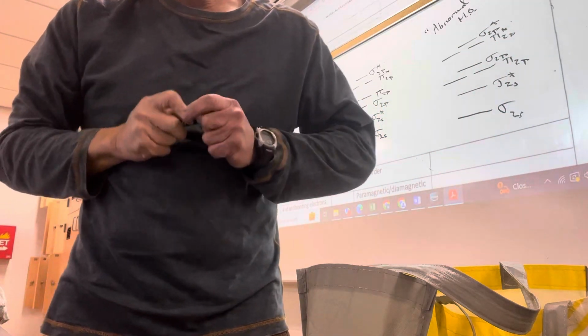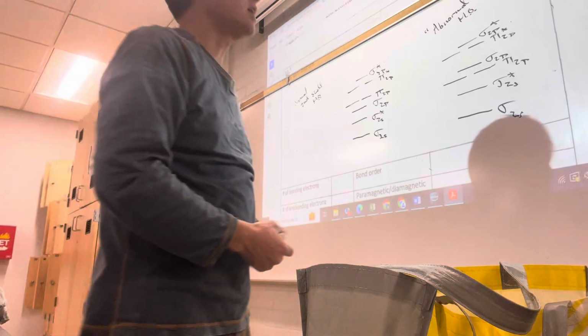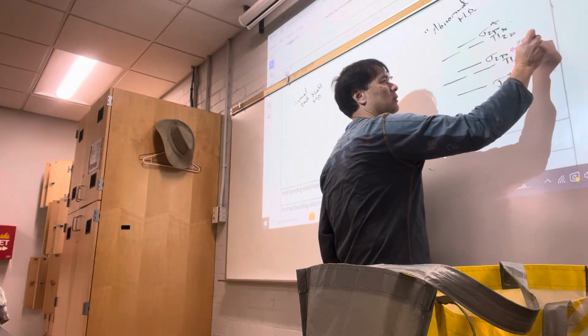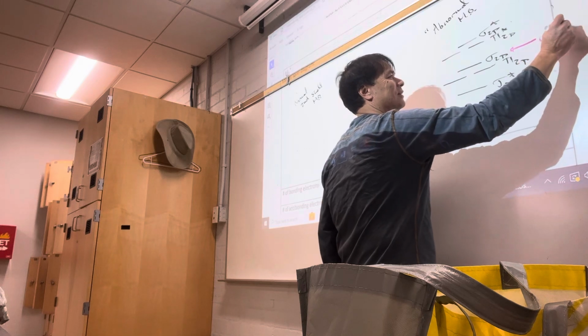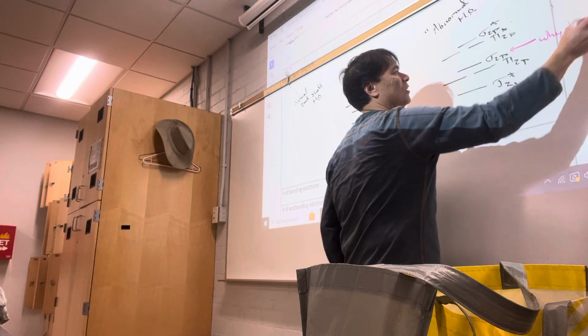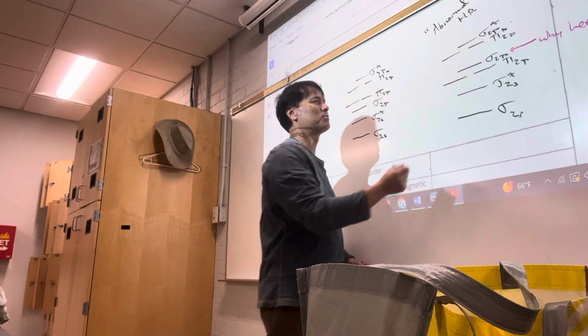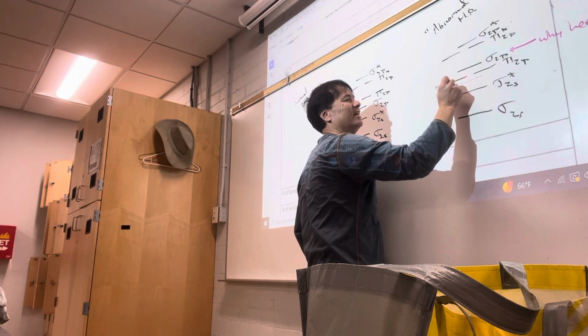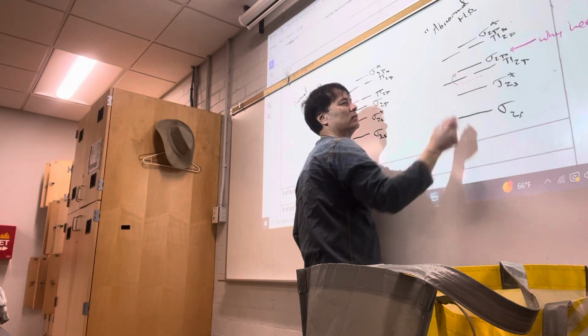So what's abnormal about this one? What's abnormal about this one is the position of the sigma 2p. Why here? It's supposed to be here. And then it got bounced up here.